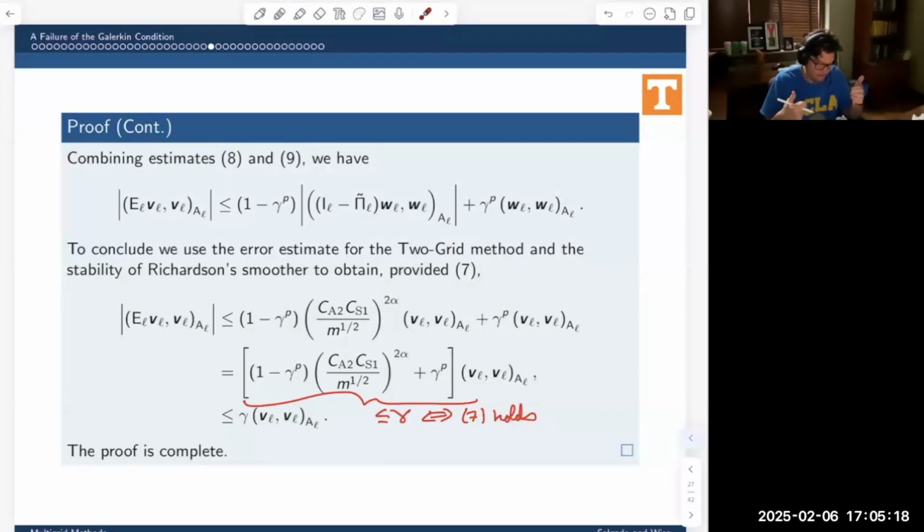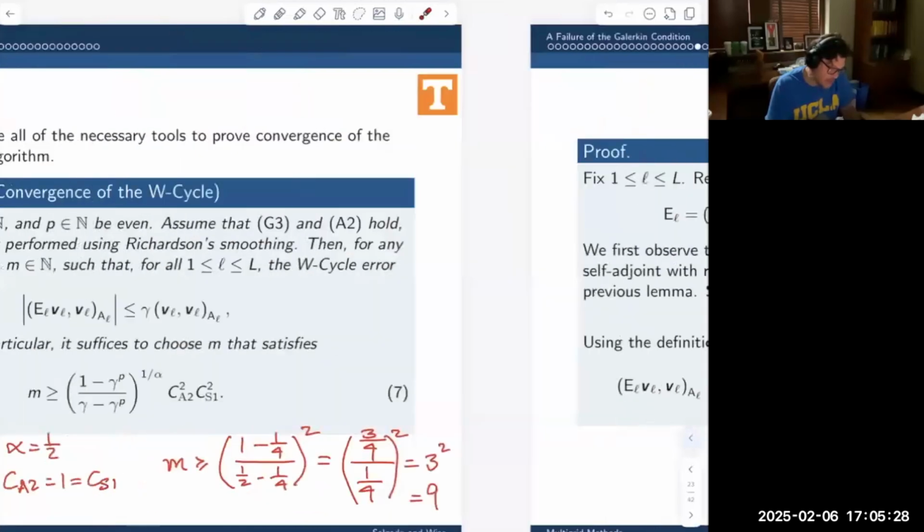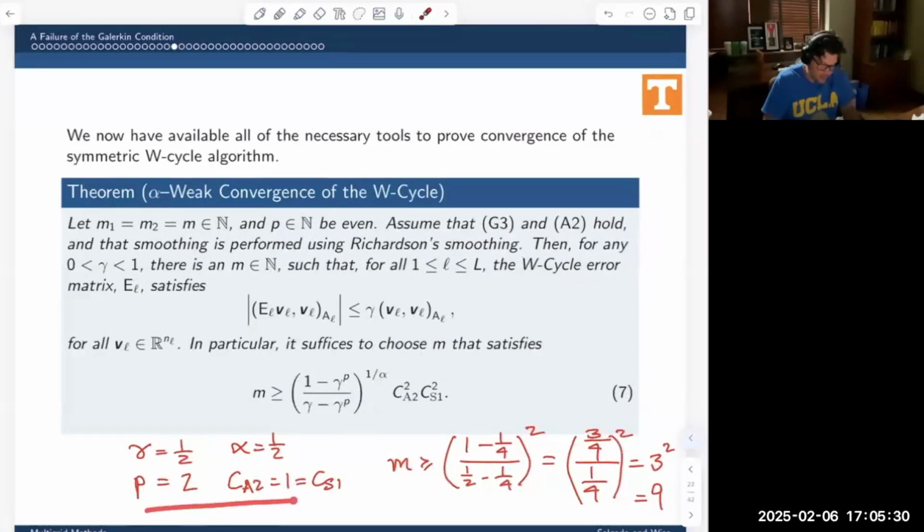Now, as I said, we have to be able to take M large enough. And we said you may have to take M pretty large. Here, if CA is equal to 1 and CS is equal to 1, then we have to take M larger than 9. That's already pretty large, a large number of smoothing iterations for my method.